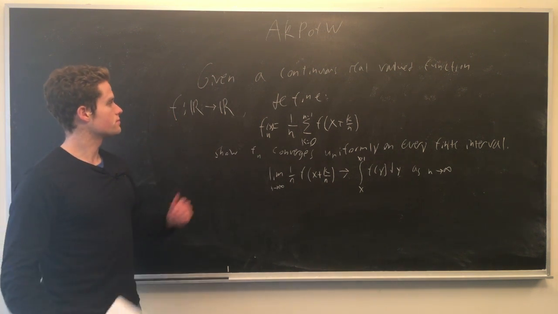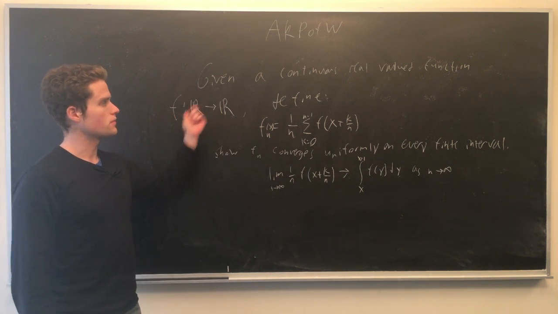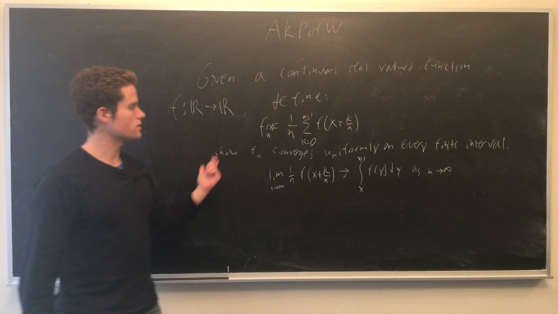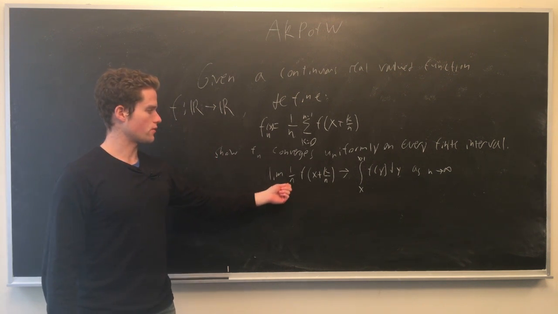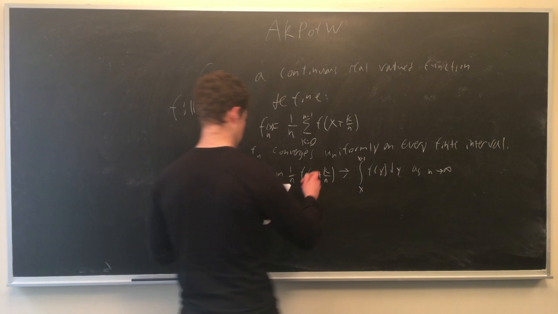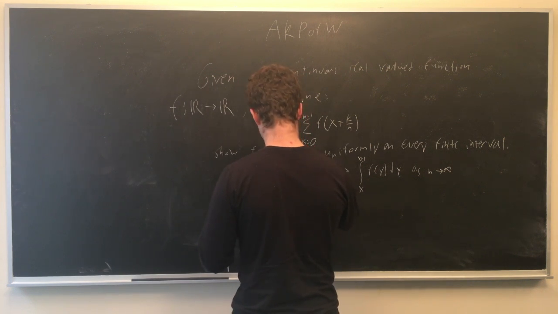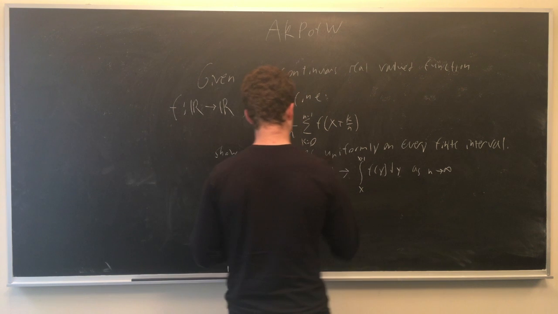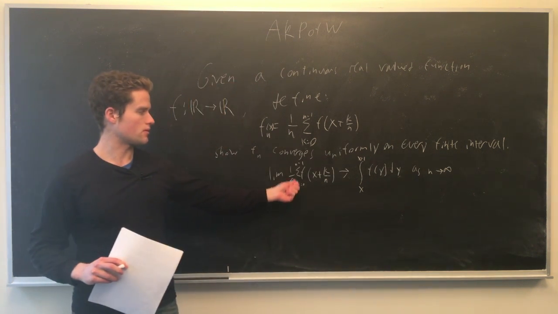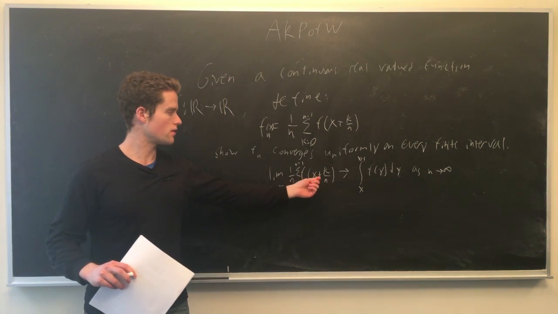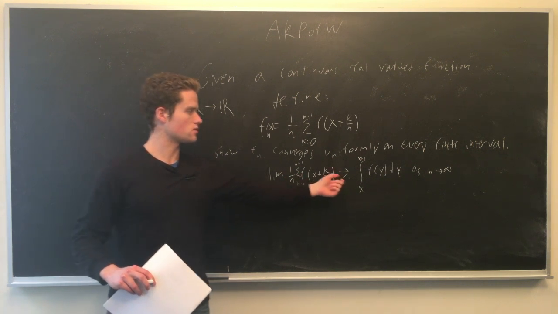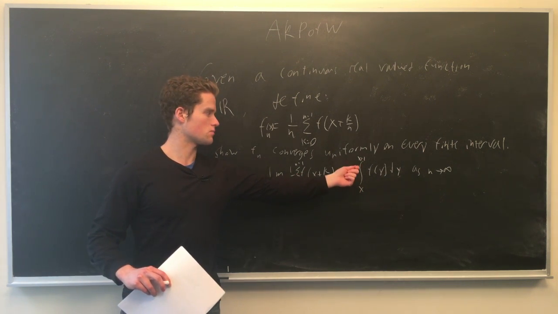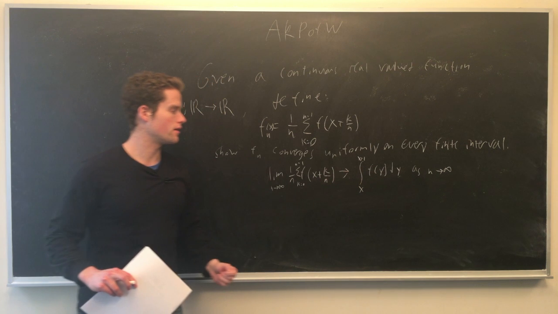We know f is a continuous function, so clearly it's Riemann integrable. So the limit as n goes to infinity of 1 over n times the sum from k equals 0 to n minus 1 of f of x plus k over n. This is just summing a bunch of little rectangles. As n goes to infinity, this just approaches our integral from x to x plus 1 of f of y dy.